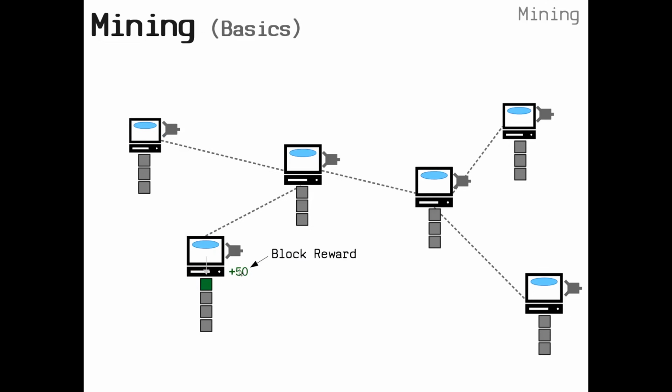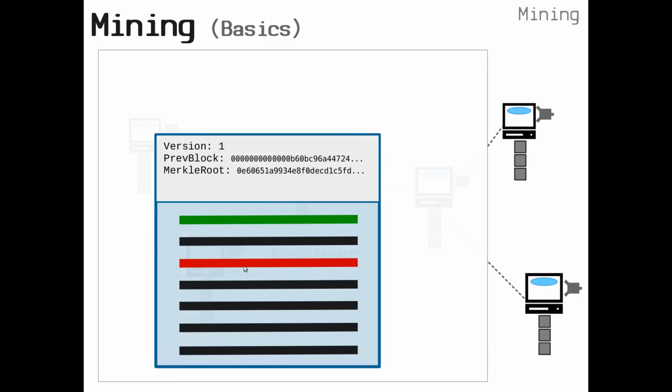And the way a miner receives this block reward is, when they construct the candidate block, the very first transaction is reserved for them to put there. So a miner will put their own transaction at the top. It's called a coinbase transaction.